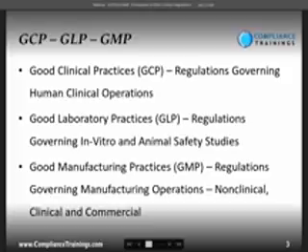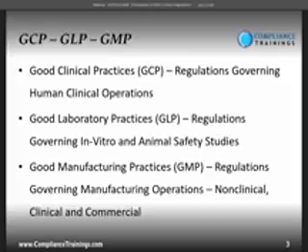Slide 3. Good clinical practices, those are the regulations governing human clinical operations. Today, most of the world follows the ICH GCP, the E6 document. That is what FDA recommends that we follow in the United States, and certainly in most of the major regions of the world, this ICH GCP E6 document is part of the law and regulations of the various areas.